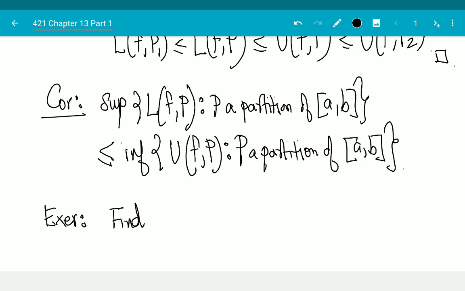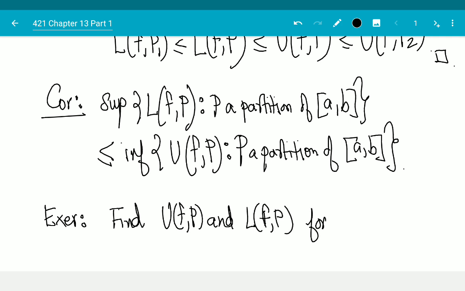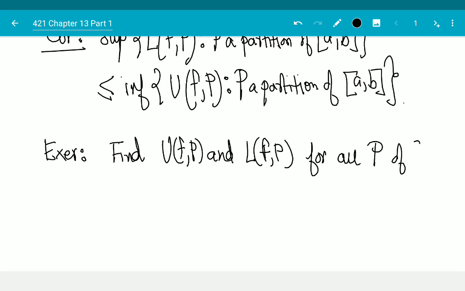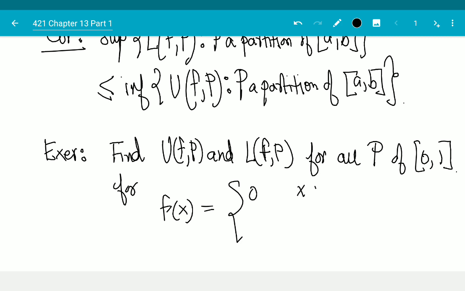Find U(f,P) and L(f,P) for all partitions P of [0,1] for f(x) equal to 0 if x is irrational, and 1 if x is rational.